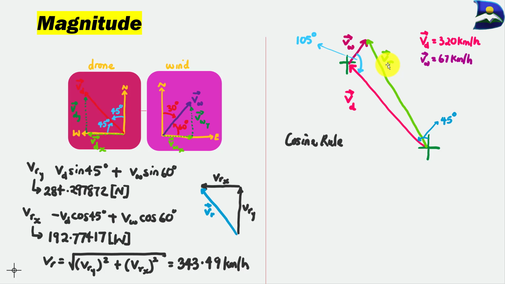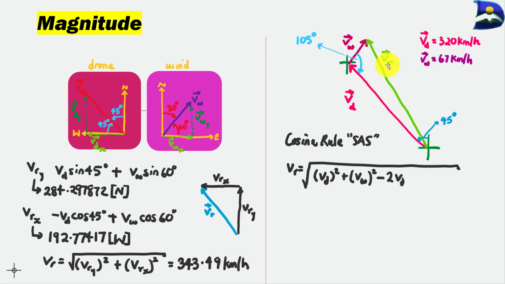And therefore by doing the cosine rule, recognizing that we're doing side, angle, side, this is something that I used to remember, that we have our VR equal to the square root, a huge square root, of the square of the vector of the drone plus the square of the vector of the wind, minus 2 multiplied by the vector of the drone multiplied by the vector of the wind, multiplied by cos of our angle, which in this case is 105 degrees.